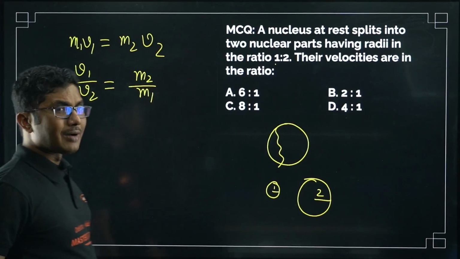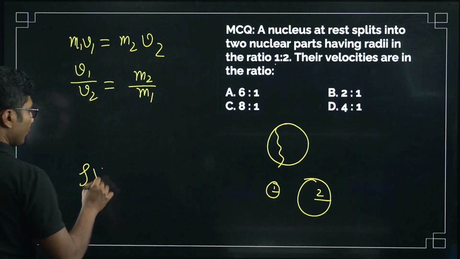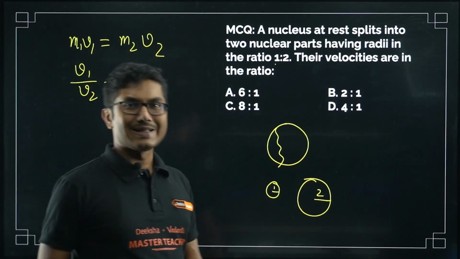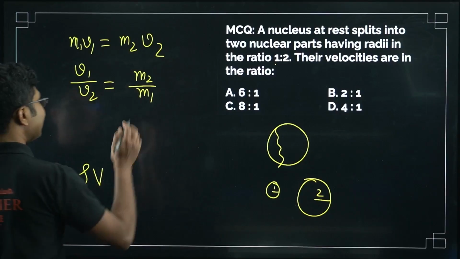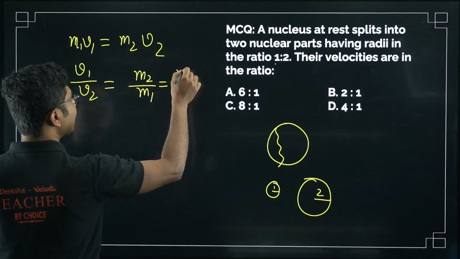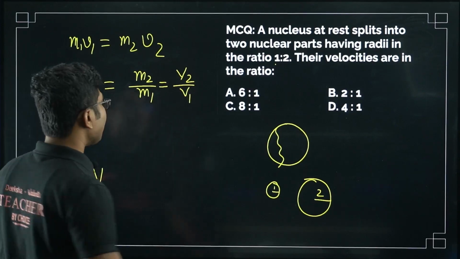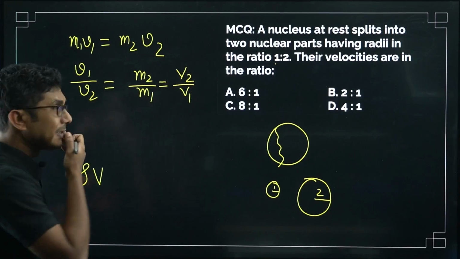Now what is mass? Mass is density into volume. Nuclear density is constant, so density will cancel. You will get V2 by V1, because densities are constant for the nucleus.